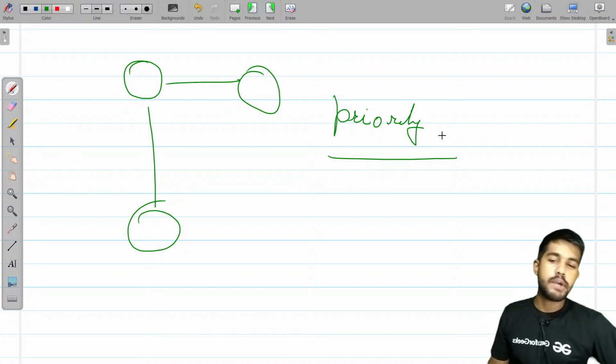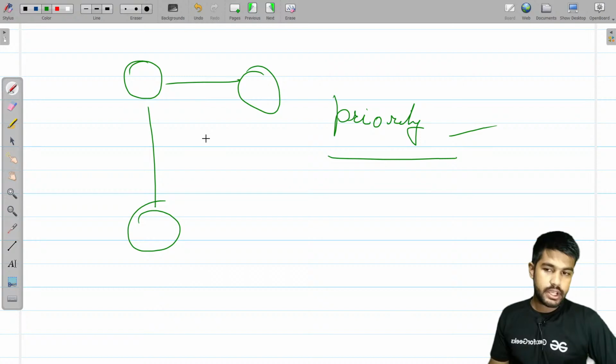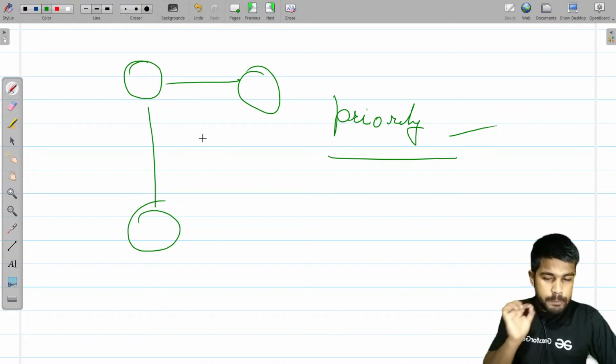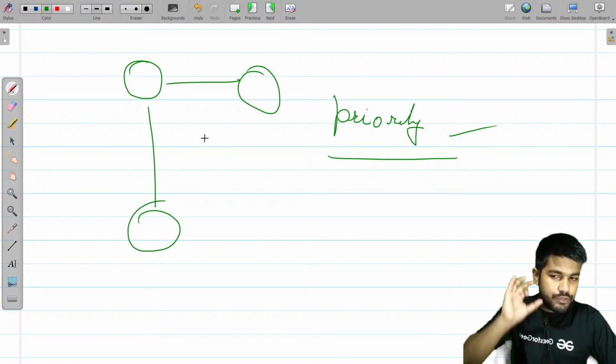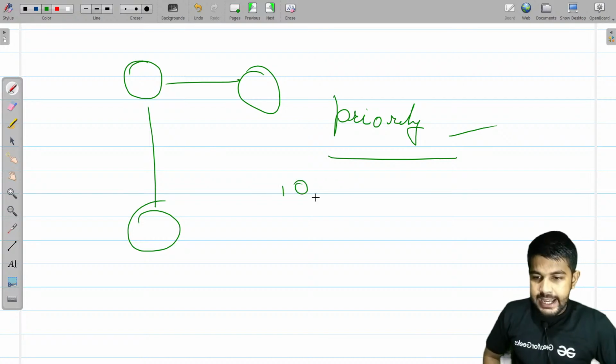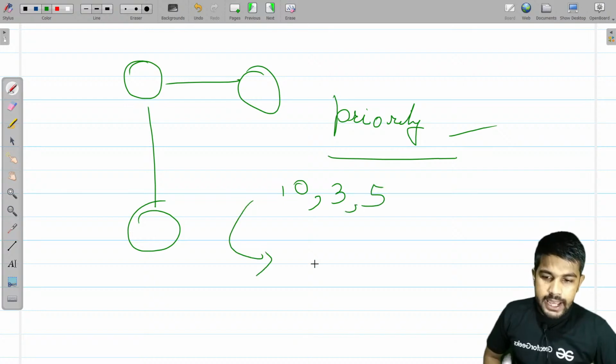So I would be using a priority queue here, but I would be customizing that priority queue so that the top one would keep the cost of the path which has the minimum cost. Suppose the costs are 10, 3, 5. The priority queue would keep them like this: 3, 5 and 10.